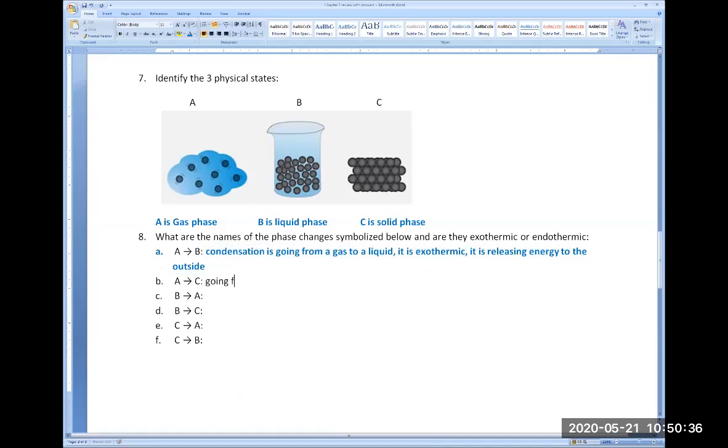Okay, so then going from A to C, which means going from gas to solid, what is this called? Do you have the name for this phase change, going from a gas to a solid?